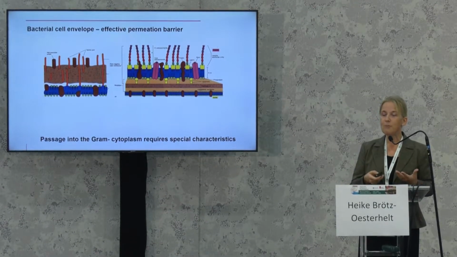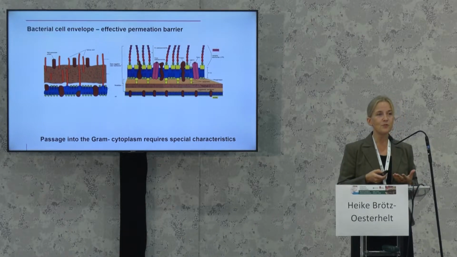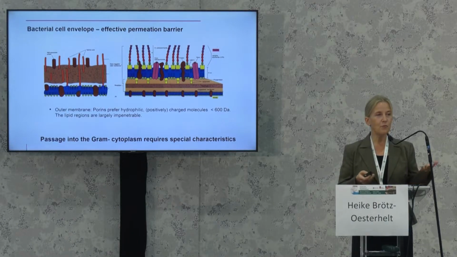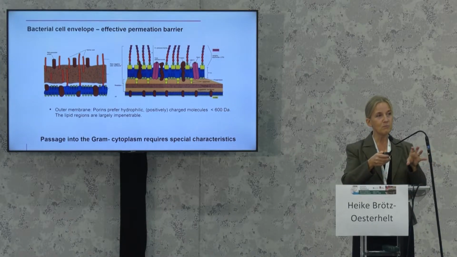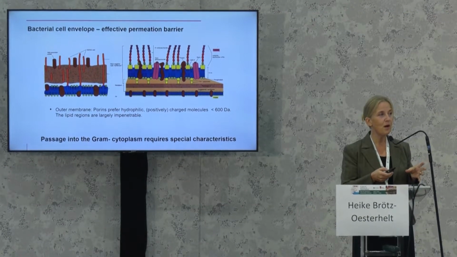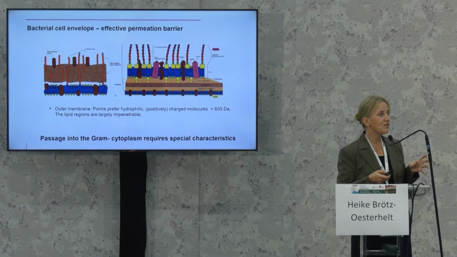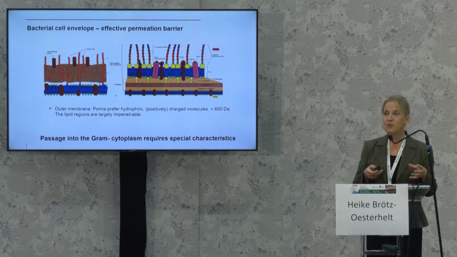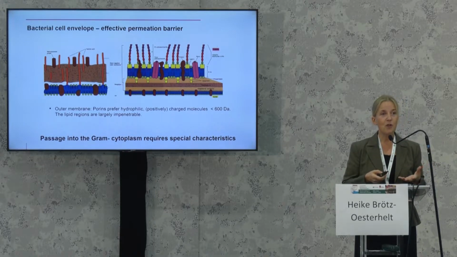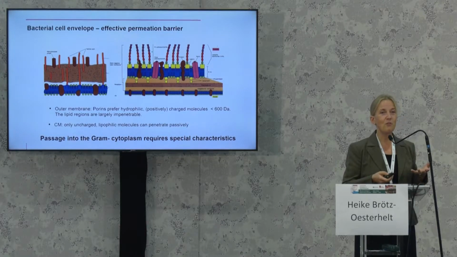The one is the outer membrane, and for a molecule to pass the outer membrane passively, it needs to be hydrophilic and preferentially cationic and have a small molecular weight, up to 600 for E. coli, in order to be able to pass the porin. But when it has reached the periplasm, what shall it do with these characteristics? In order to passively pass the cytoplasmic membrane, it needs to be hydrophobic. And this is quite the opposite.